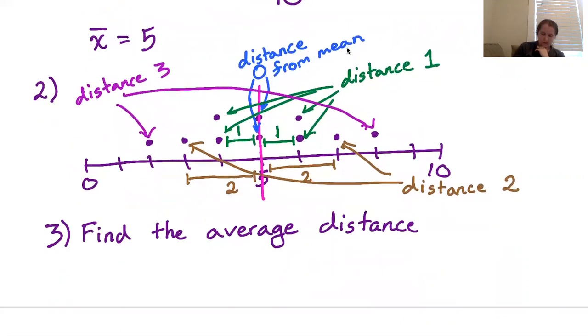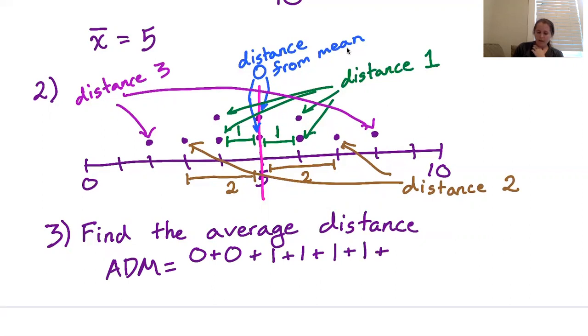So we had 2 points that were 0 away. So our ADM. We have our 2 points that were 0 away. We had 4 points that were 1 away. So we'll add in 4 ones. We had 2 points that were 2 away. So we will add in 2 2's.